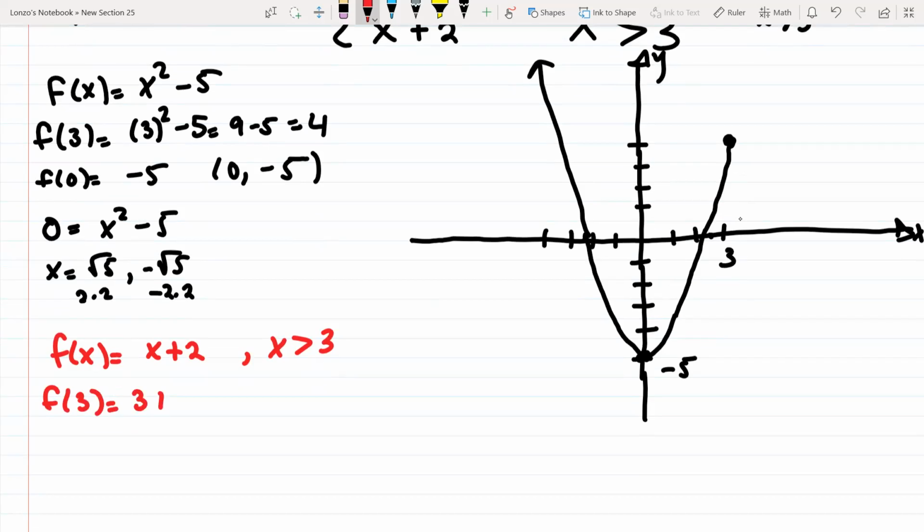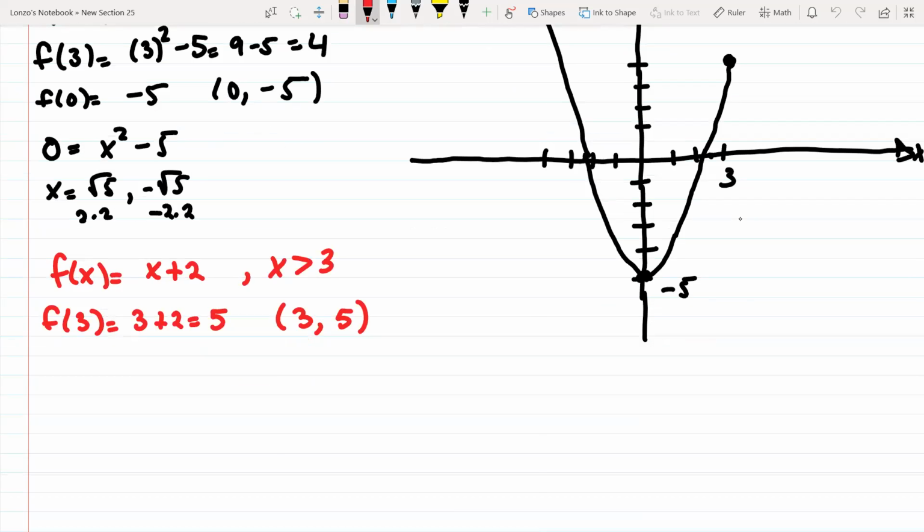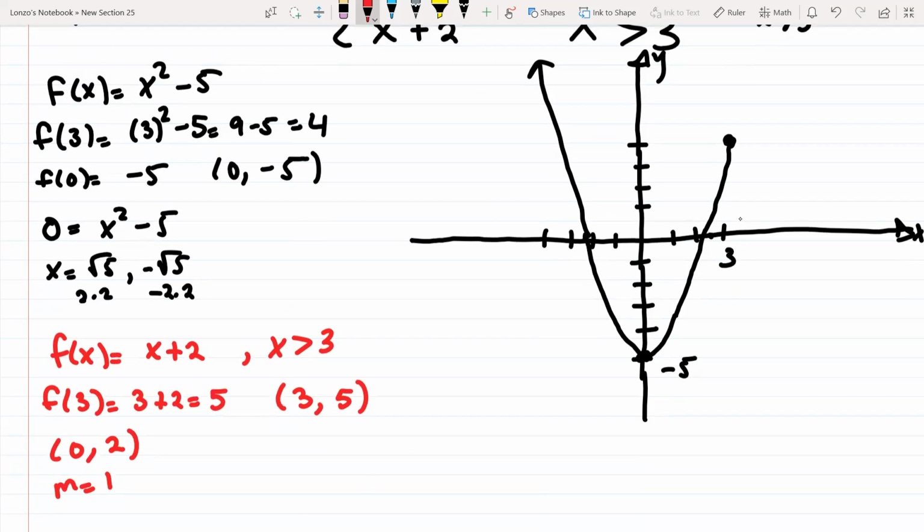That would be 3 plus 2, which is 5. So we have a point at (3, 5). What else do we know? We have a y-intercept of 2. So we have a point at (0, 2), and we also have a slope of 1. So 2, and then another one at 3, 5. 2, 3, 4.